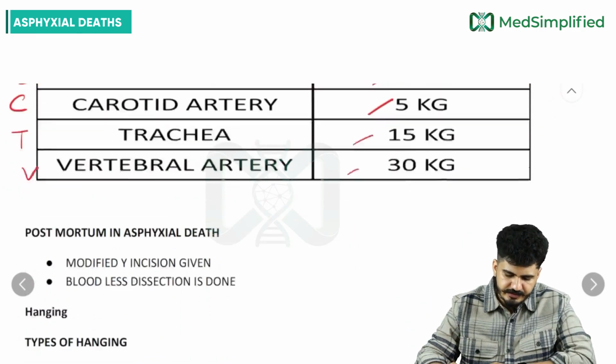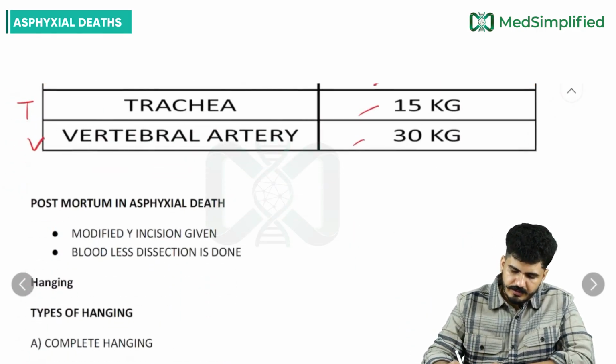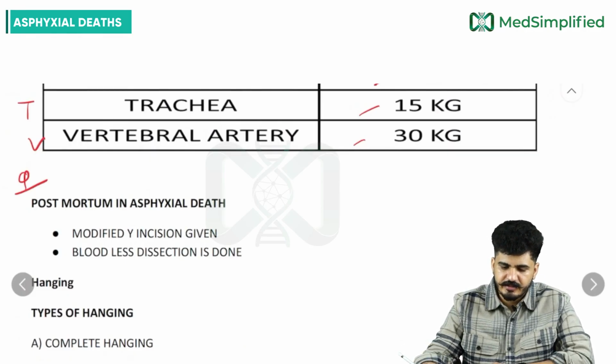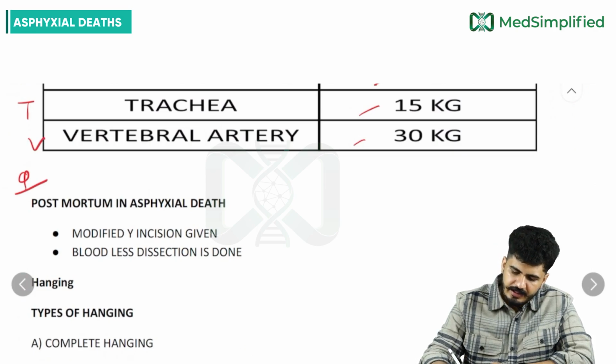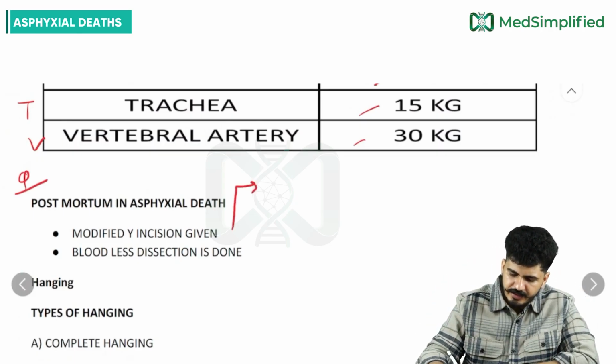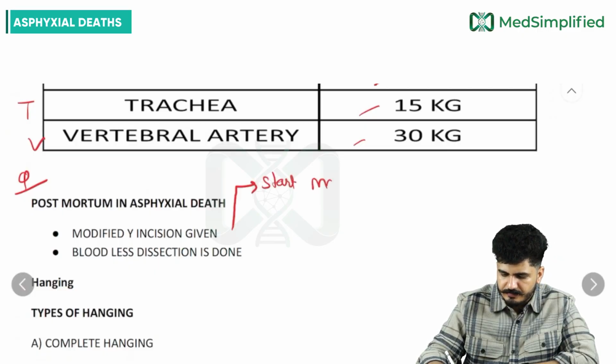Coming to right here, sir. Post-mortem in the asphyxial death. So post-mortem in the asphyxial death, you will see a modified Y incision. We give, sir, what? Modified Y incision. And from where to give the modified Y incision? From this area, sir. Mastoid area. It starts from the mastoid area.